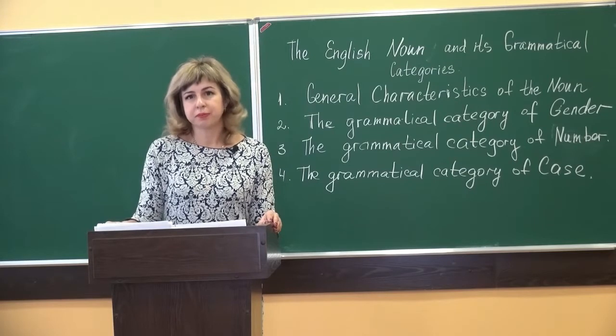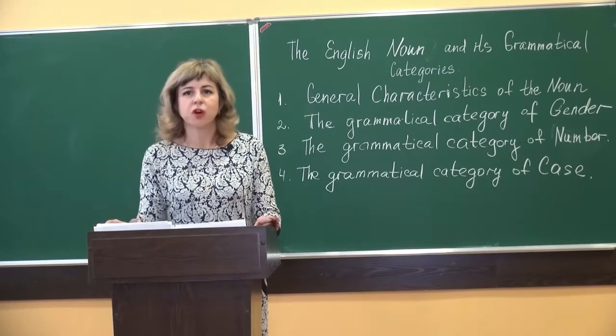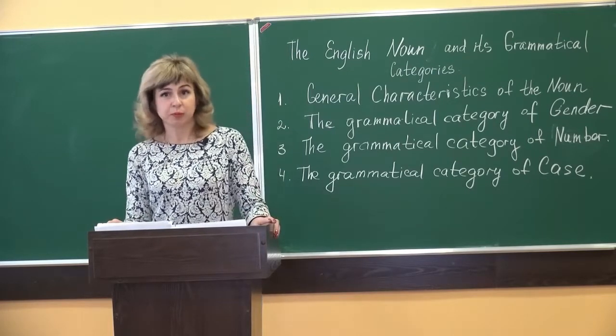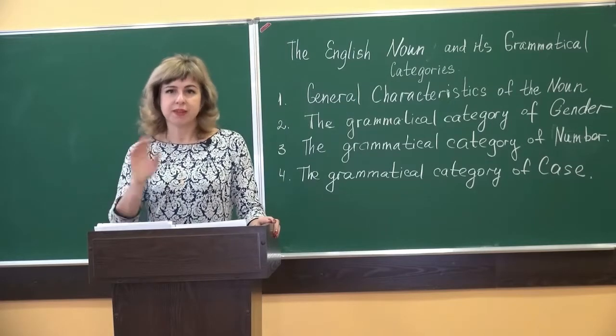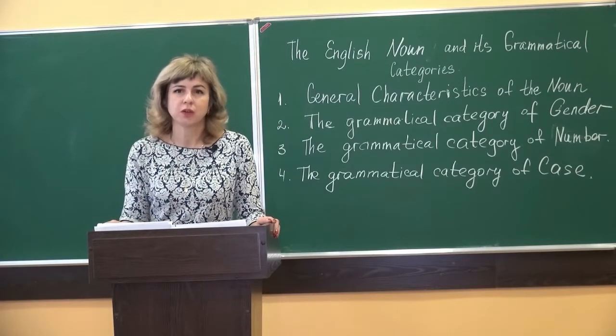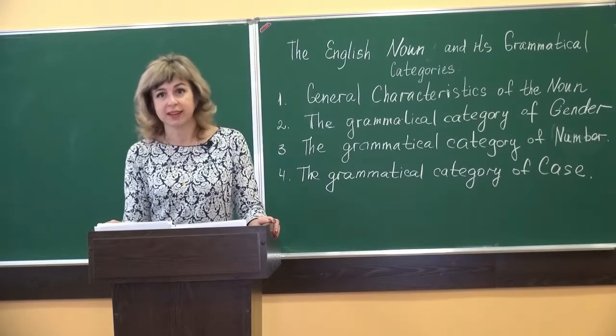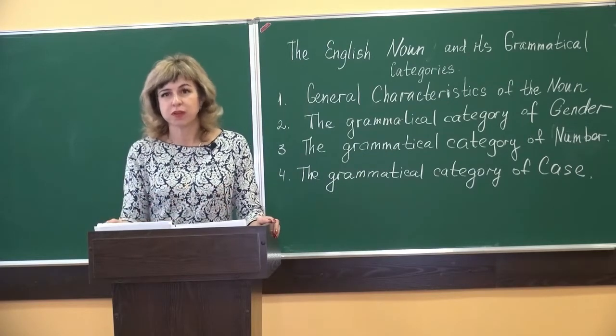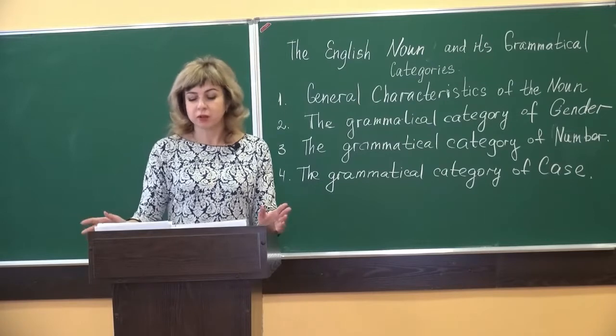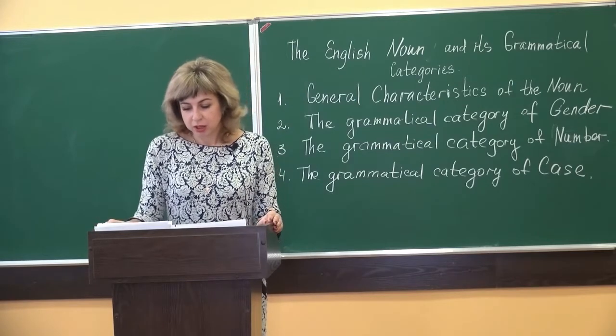The very peculiar English form of plurality is the so-called clan plurality. When accompanied by the definite article, it denotes the whole family or the whole clan, like the Browns, the Joneses, the Romanovs, and so on.